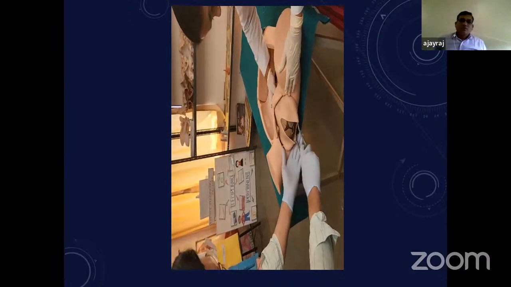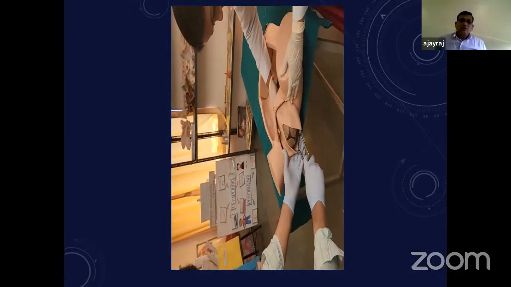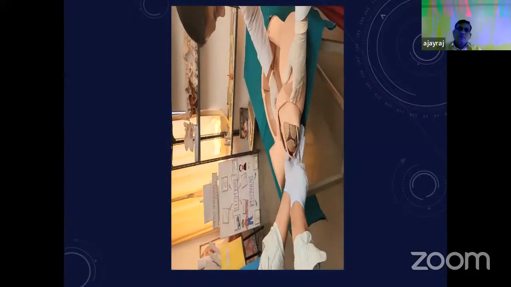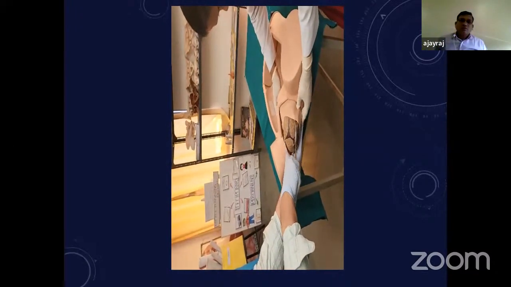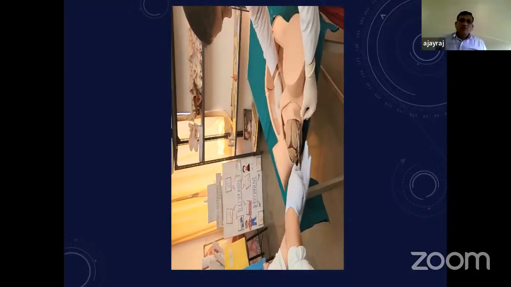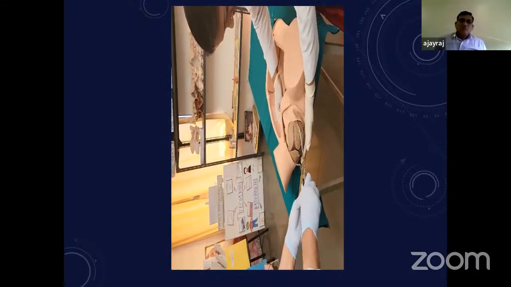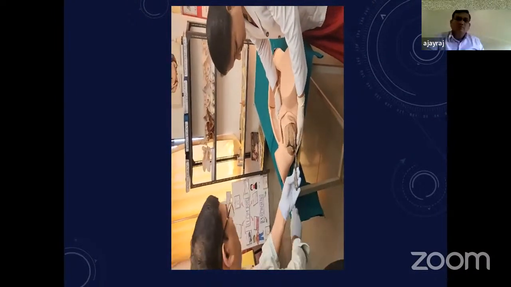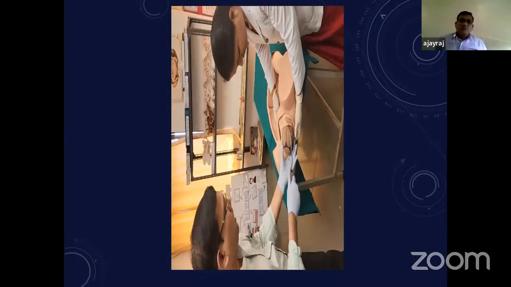Now the traction: downwards, backwards, horizontal, and then upwards until the jaw reaches the perineum. Remove the first blade first, that is the right blade. Then the left blade.